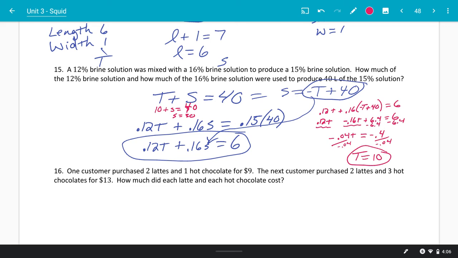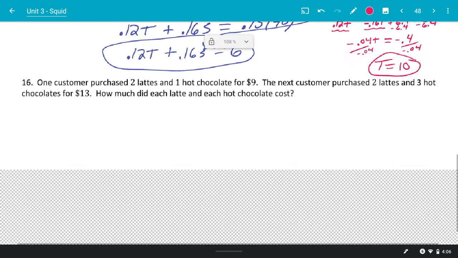So I've got 10 liters of 12% brine solution and 30 liters of 16% brine solution. And that one looks really, really tough. Has a lot of decimals and stuff in it, but it's still the same process.